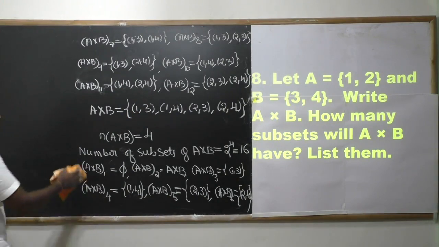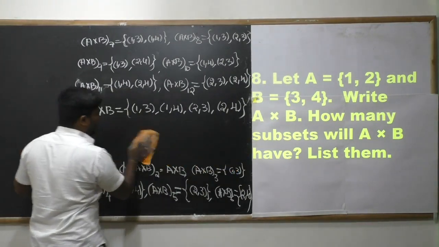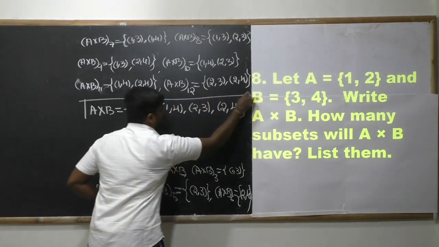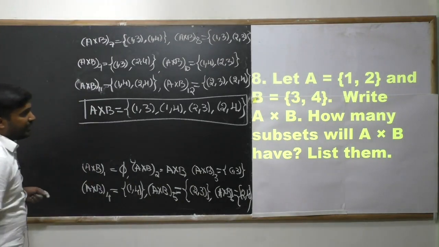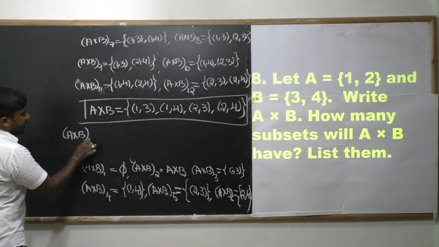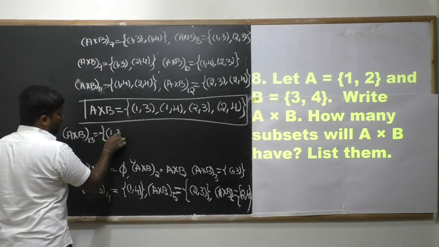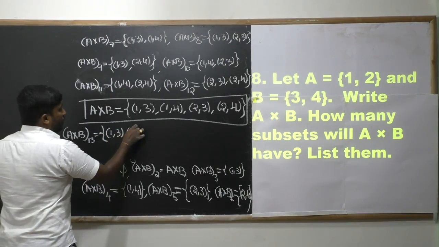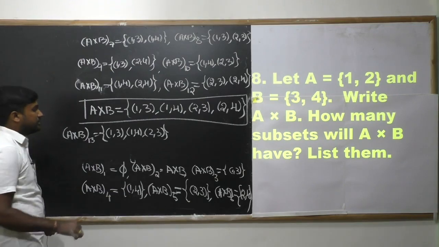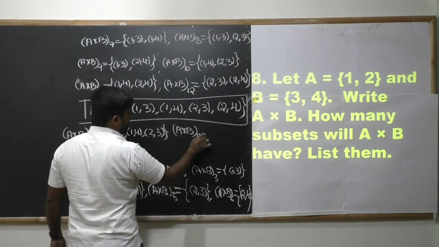Still 4 more are remaining. Here I try to write the remaining 4 subsets. With reference to A cross B, we are writing A cross B of 13. The 13th subset is the set with ordered pairs 1 comma 3, 1 comma 4, 2 comma 3. Correct? Next, A cross B of 14.